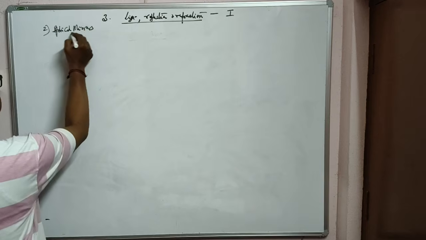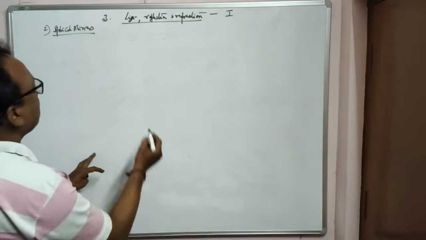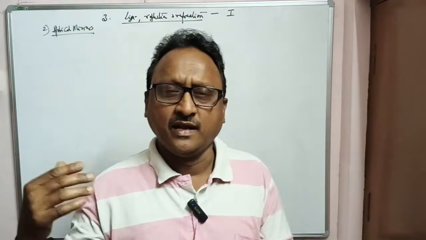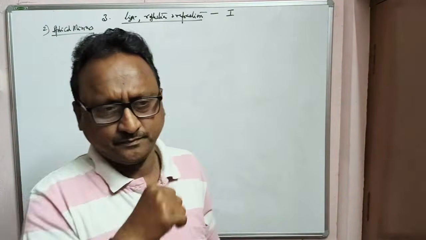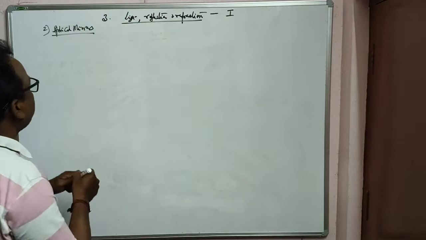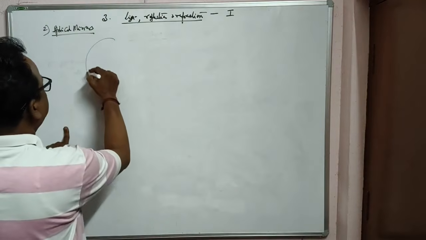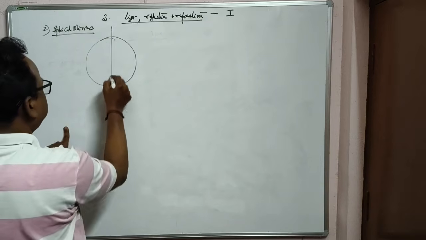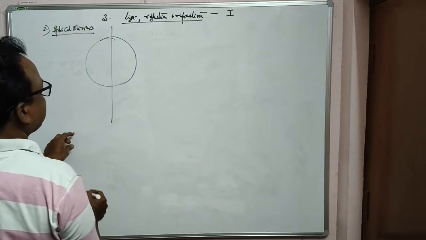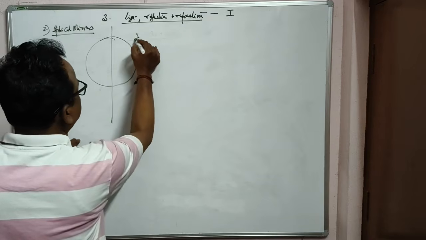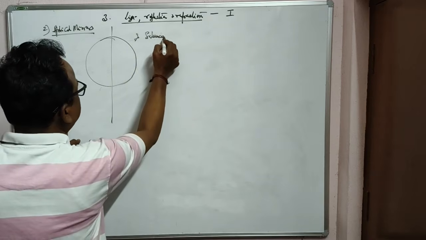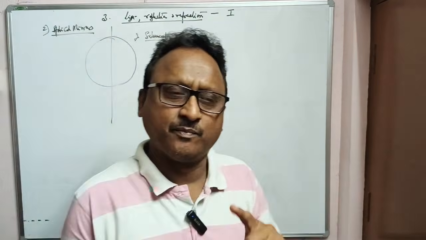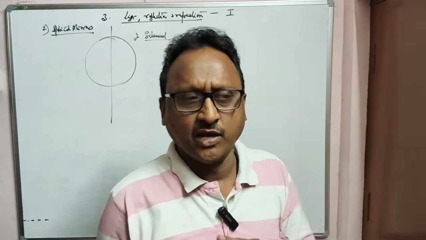Spherical mirrors. See, we all know any glass plate which is transparent. Transparent means light can enter through it. Okay. So any solid transparent material, when it is cut and silvered, those are called spherical mirrors, like plane, convex and concave.